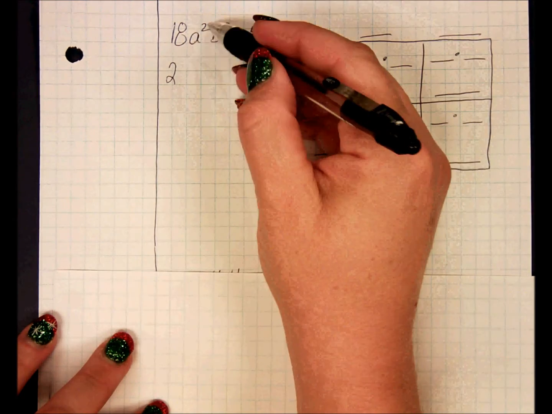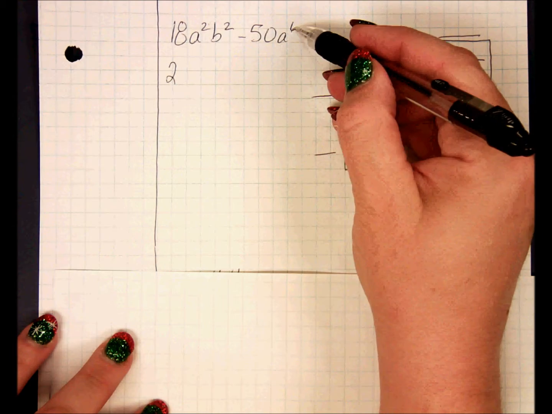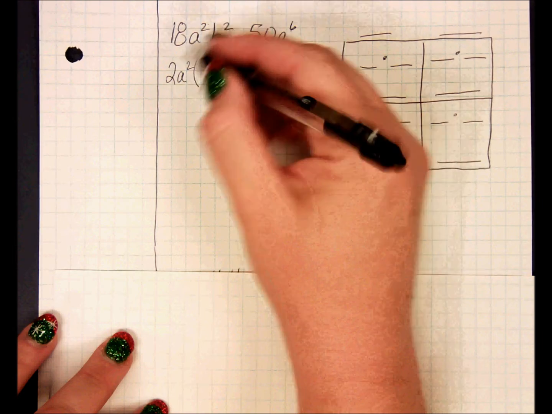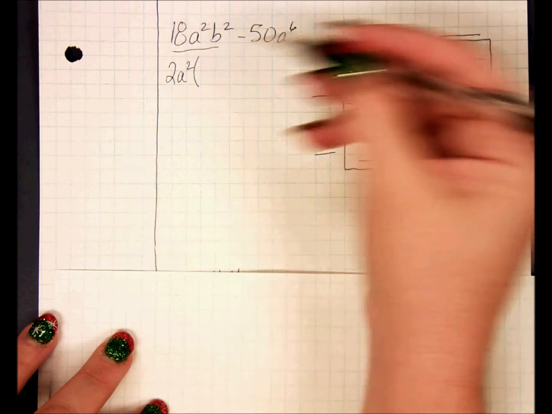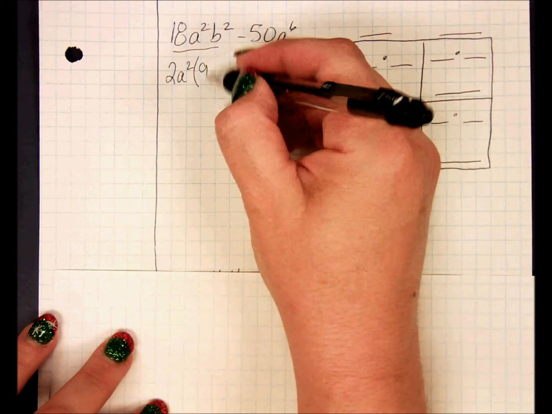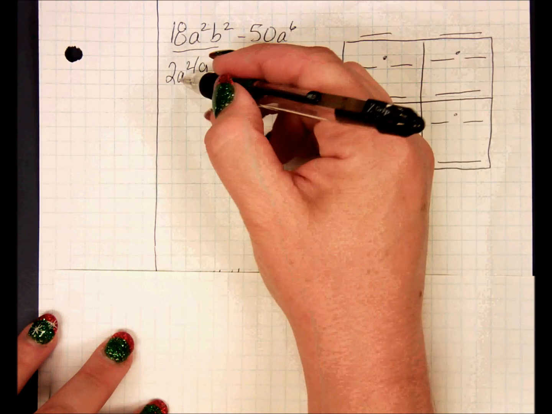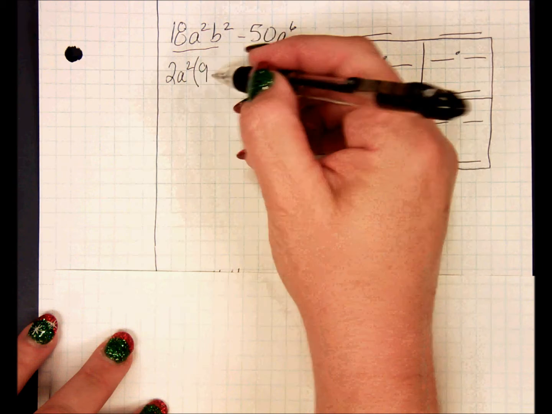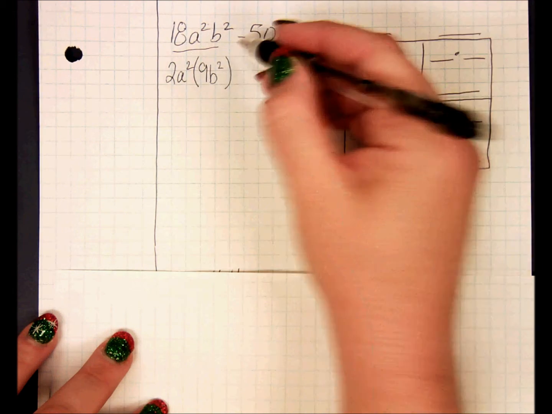Now this one has 2 A's and this one has 6 A's. So I could take out 2 A's and they would both have them in common. So here, to get this piece, I need 2 times 9 makes 18. I need A squared. I need B squared. Bring down the negative.